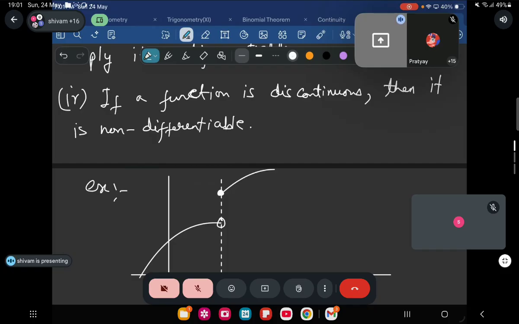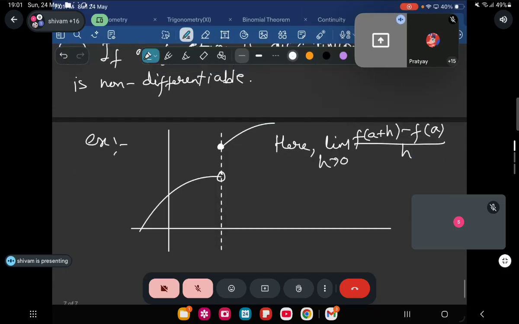Are you getting it? So over here, limit h tends to 0 of f of a plus h minus f of a by h. We are talking about this.